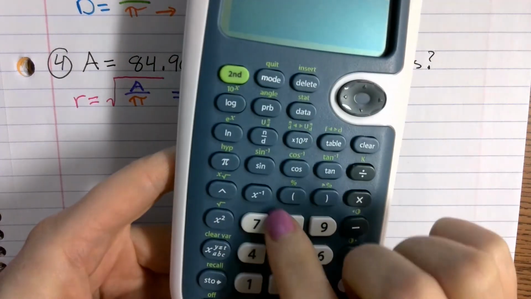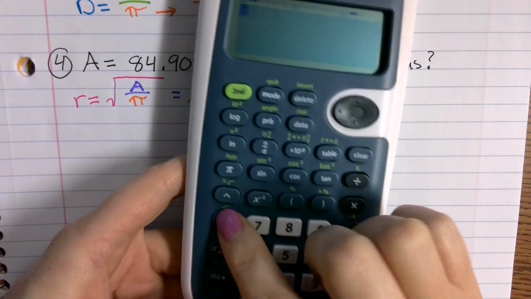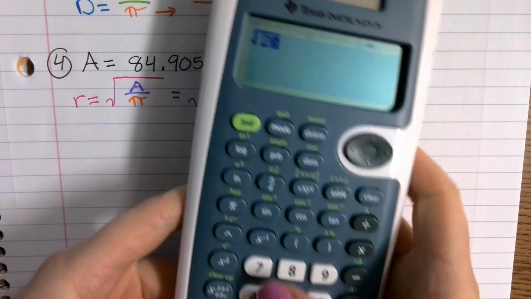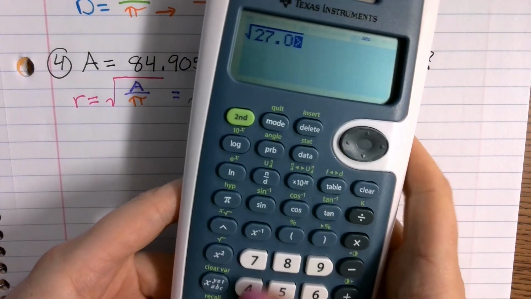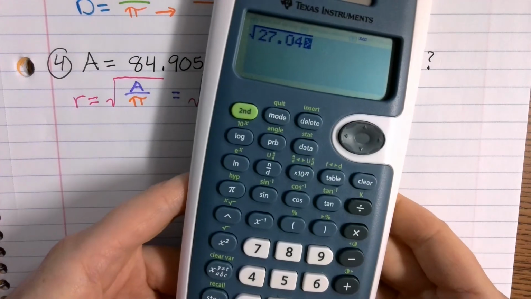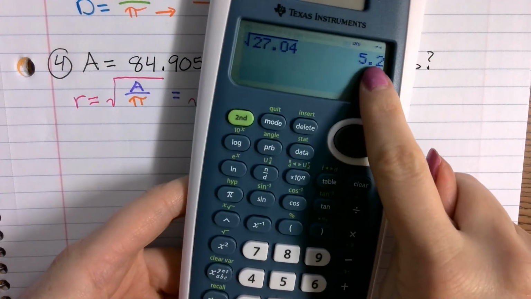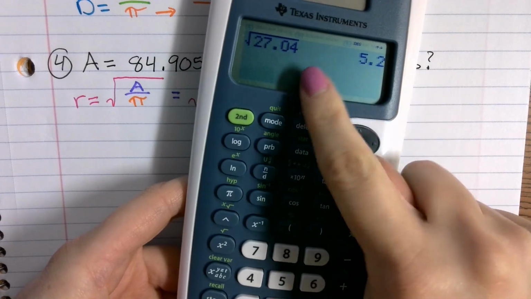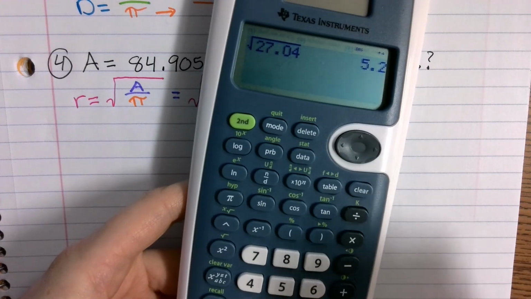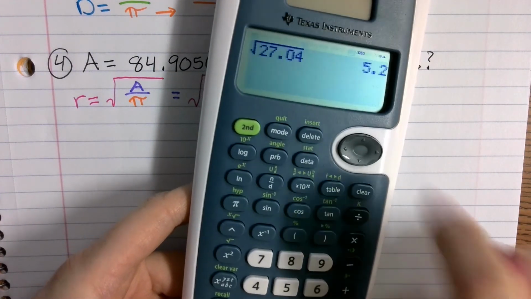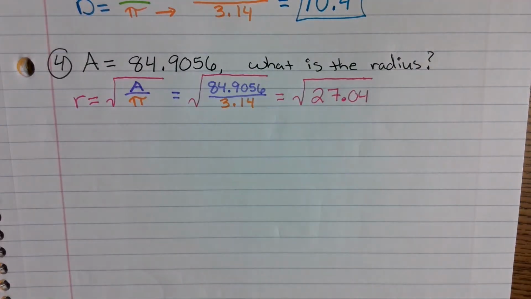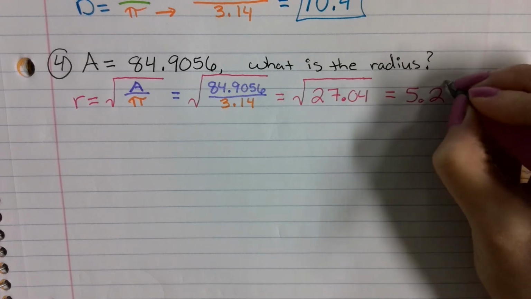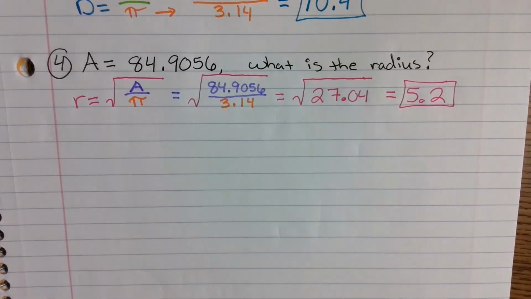Then you would hit the x to the second power, and you'll see a square root button pops up. You would just hit 27.04 and then enter, and you get your square root, 5.2. That means 5.2 times 5.2 gives you 27.04. Okay? So there's the radius, 5.2.